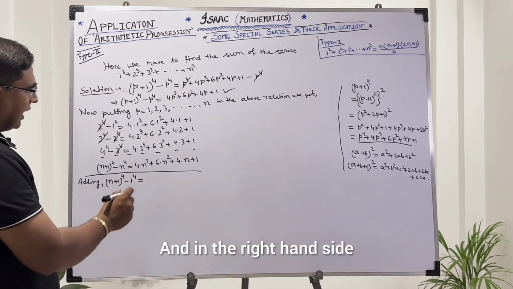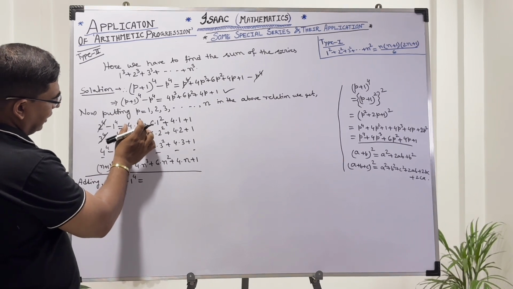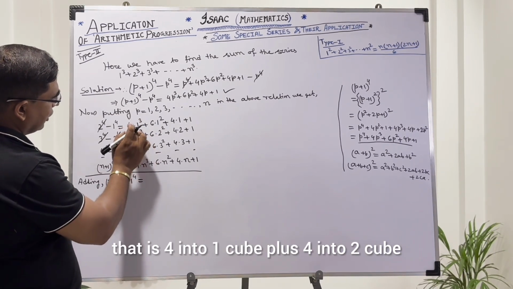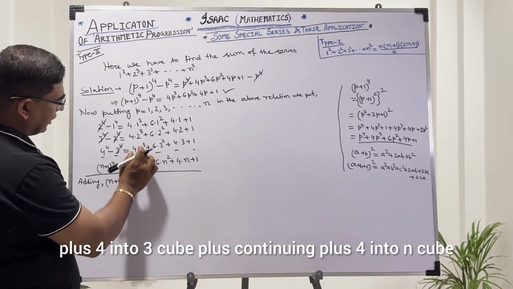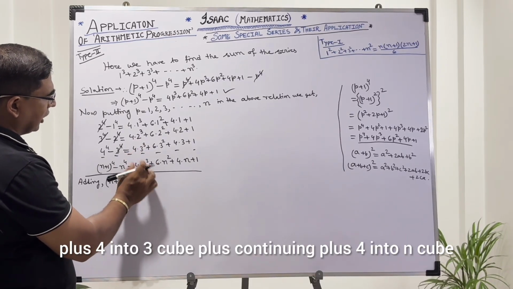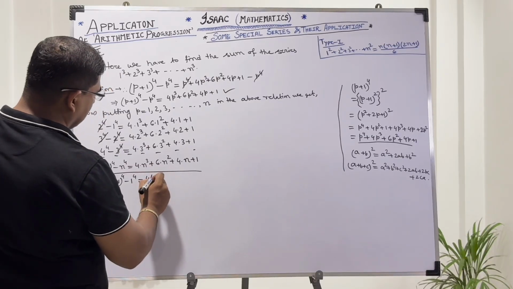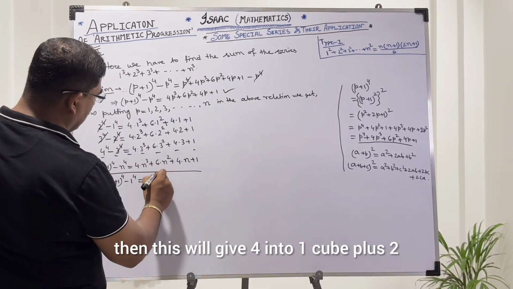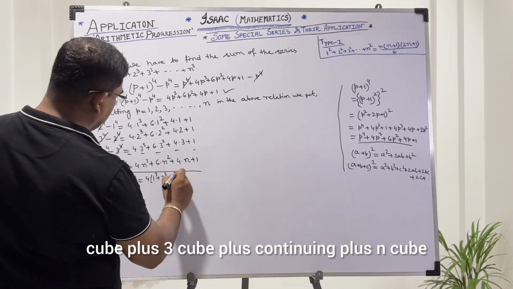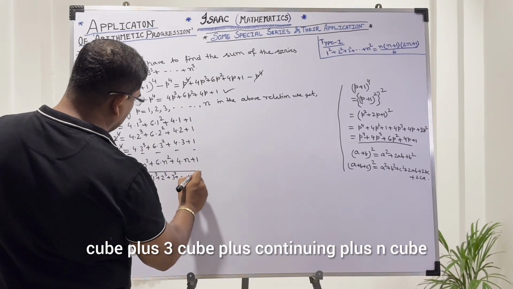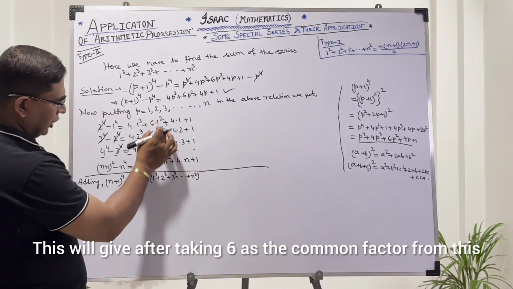And in the right hand side, this will give a particular form: 4 × 1^3 + 4 × 2^3 + 4 × 3^3 + continuing plus 4 × n^3. If we take 4 as the common factor, then this will give 4(1^3 + 2^3 + 3^3 + continuing plus n^3).